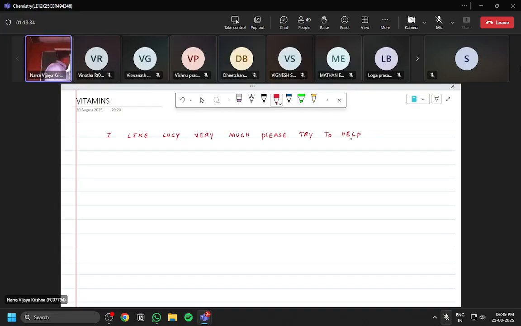For all these things, one enzyme and one vitamin is necessary for us. Deficiency of arginine will lead to something else, but we don't discuss that. So this is a very, very important amino acid.